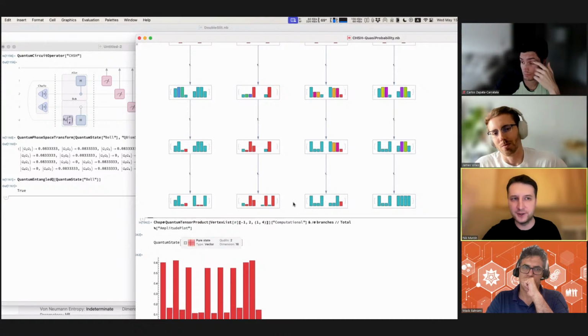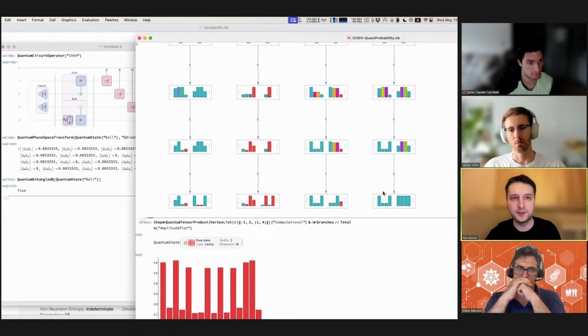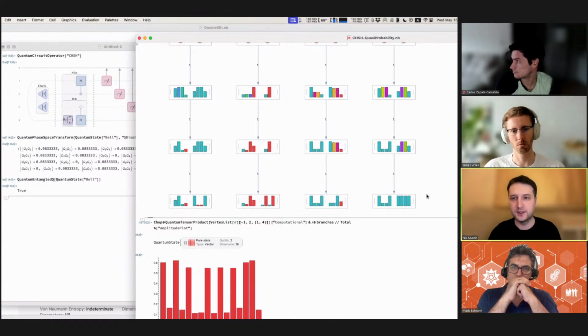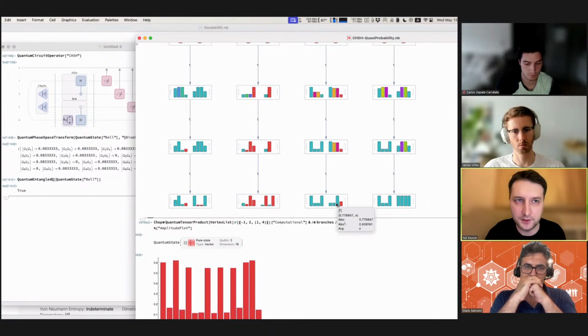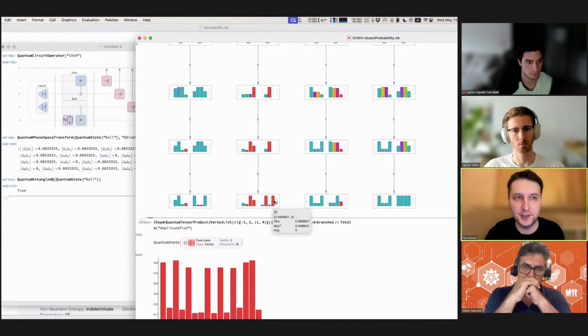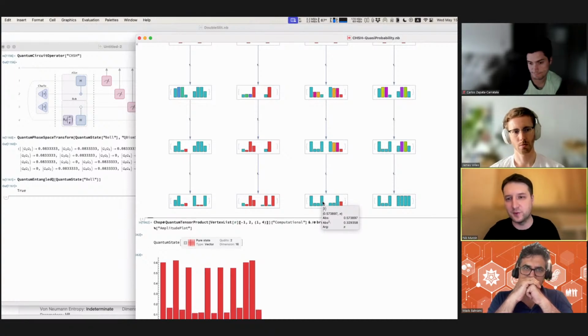Within each branch, when all of the operations of Alice and Bob were performed, you have these 4 different states, the left one and right one corresponding to Alice and Bob. They're completely separate because we separated them in the branches. But the probabilities they contain are not all positive, they can be negative. The red ones are the positive ones.